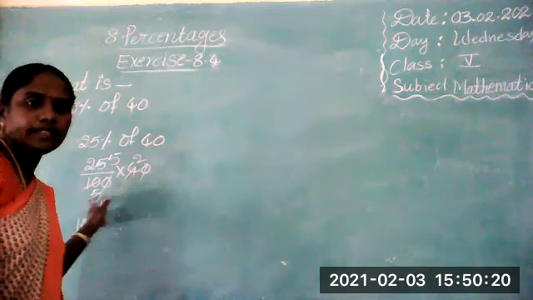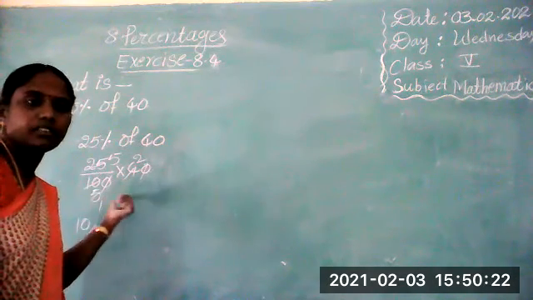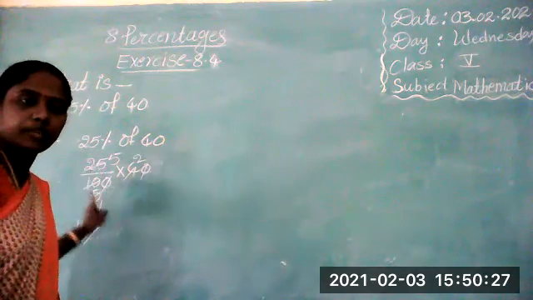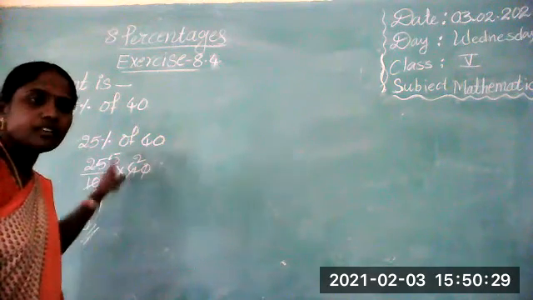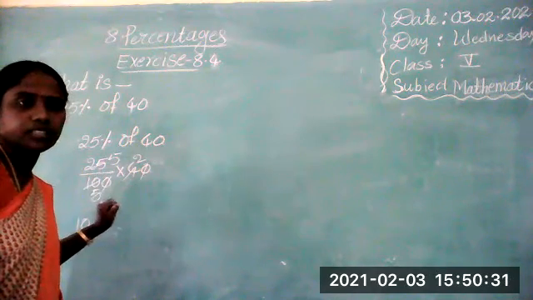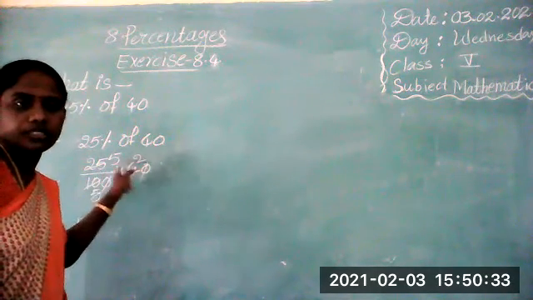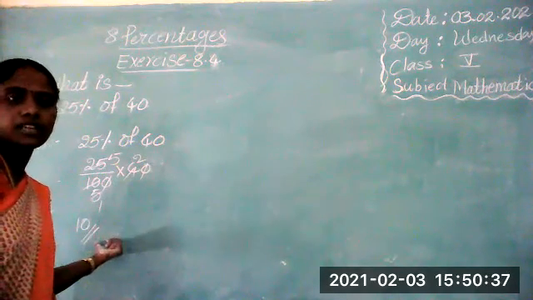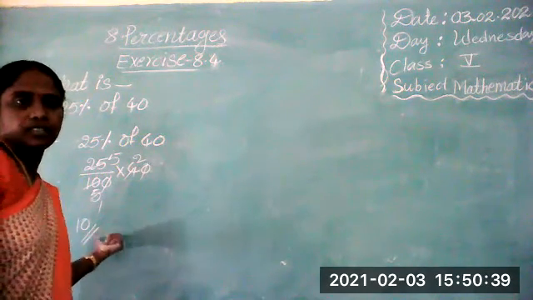Next 4 and 10, we simplify. How can we simplify? 2 2s are 4, 2 5s are 10. Next we have 25 by 5. 5 answer, 5 answer. Okay. The remaining numbers' product is 10. 5 2s are 10. Answer is 10. Okay.